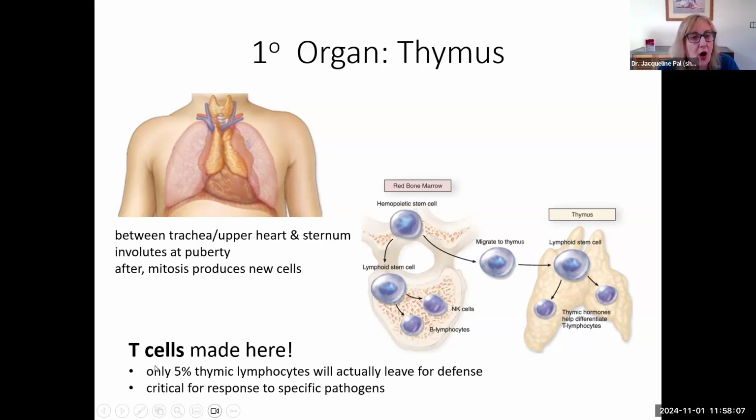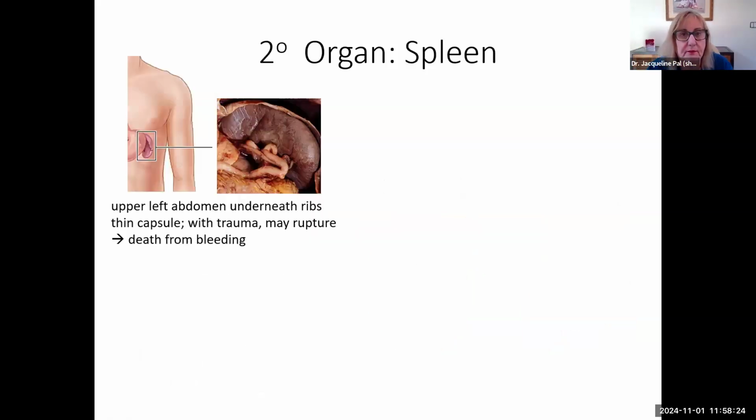Okay, so only 5% of the lymphocytes in your thymus will ever actually leave for defense. Okay, so don't worry that you're not ever going to have enough. And these are, as we'll learn later, going to be critical for specific immune defenses.